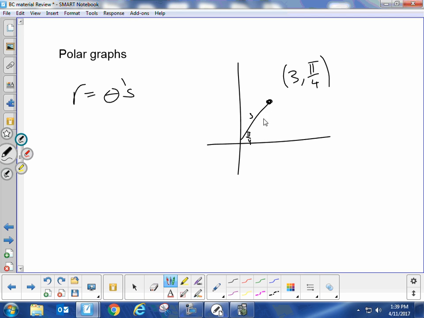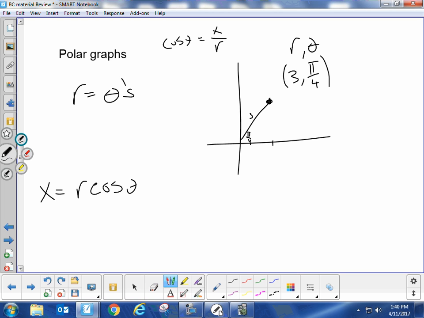Now, it's very important that these points, though this is an r and a theta, can be converted to x and y coordinates. It's a very important conversion. Using trigonometry, we could say the x coordinate is just going to be r cosine theta. This comes from cosine of theta being equal to adjacent over hypotenuse.